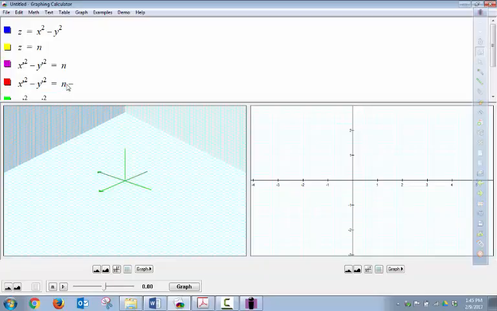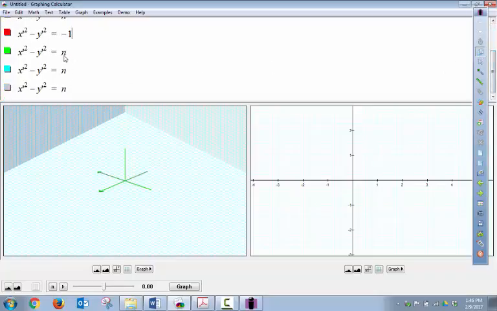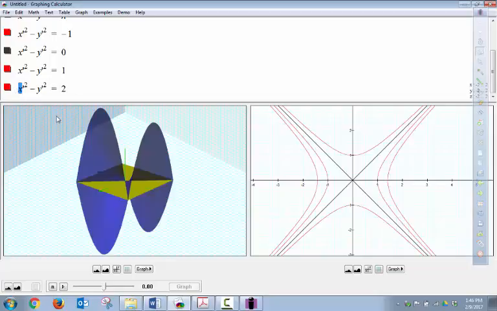And by letting these values equal -1, 0, +1, +2, we'll see that it looks like a combination of a bunch of different hyperbolas.